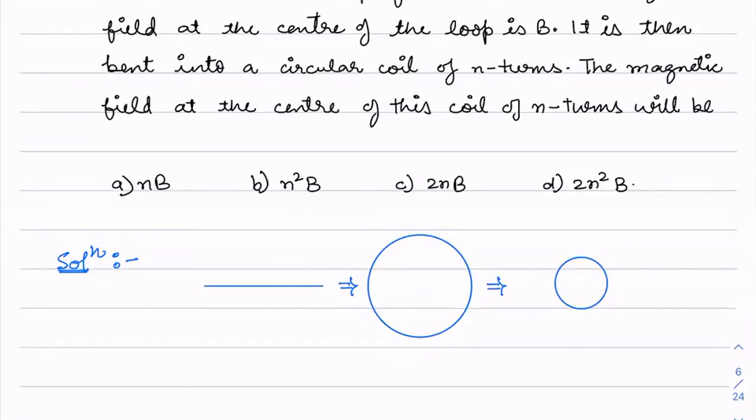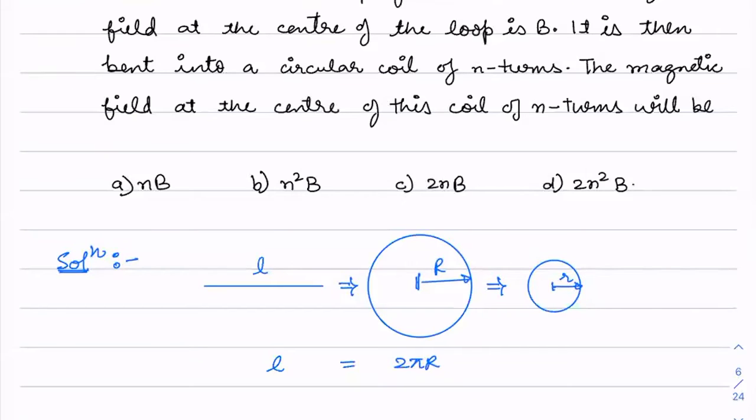So what is the question over here? Initially I'm having L length. Here the radius is suppose capital R. So the L will be converted into 2 pi capital R, and this will be small r.